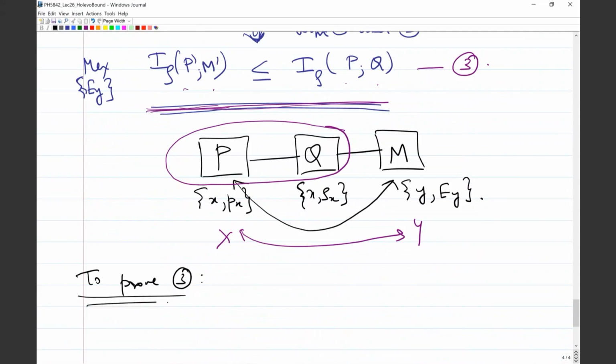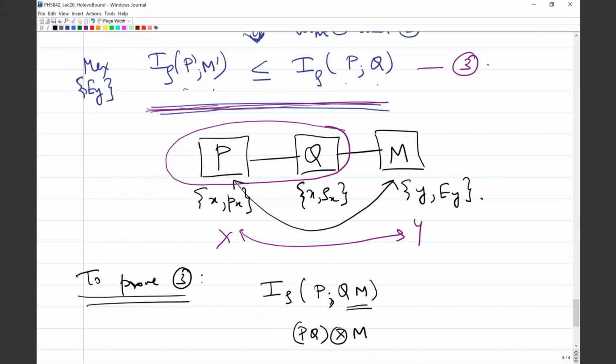So notice that we started with, instead of looking at just PQ, let me look at the initial part. Let me look at the mutual information between P and QM, because I want to bring M into the mix. But initially, remember that while PQ were entangled, M was in a tensor product.